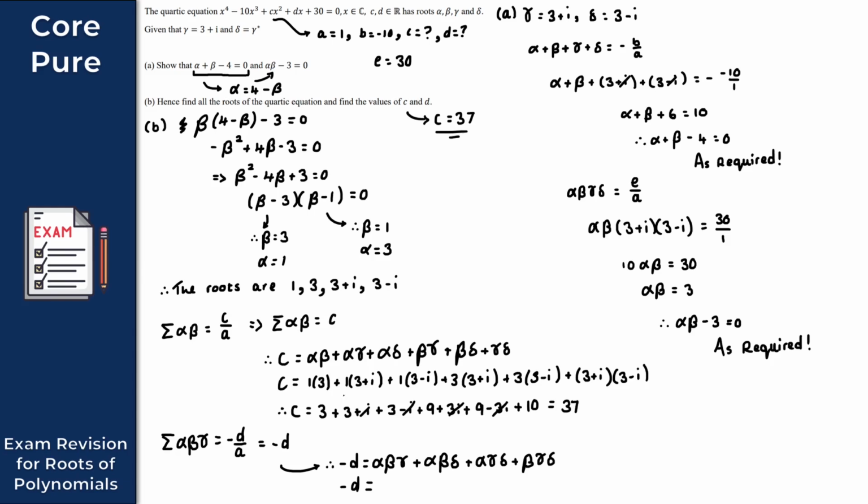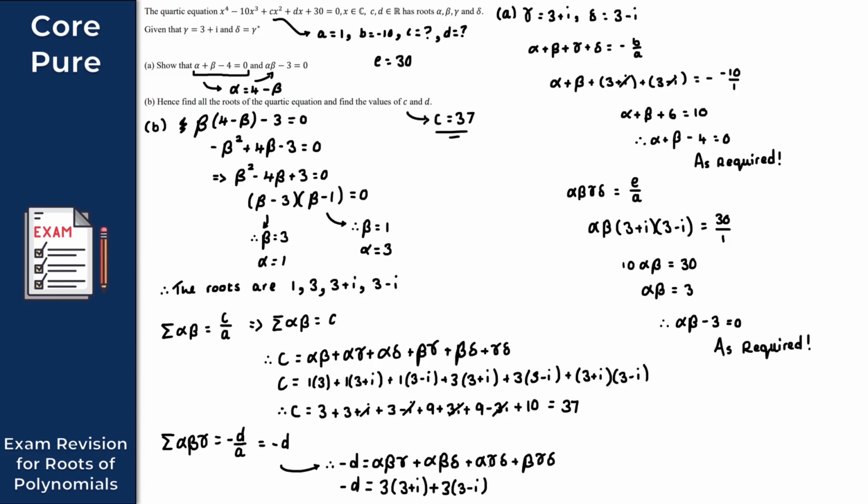So alpha, beta, gamma then. What would that be? So that's going to be 1 times beta, which is 3, times by gamma here, which is 3 plus i. So I get 3 times 3 plus i. Like so. I've got alpha, beta times delta. So again, this is 3 lots of delta here, which is 3 minus i. So 3 lots of 3 minus i there.